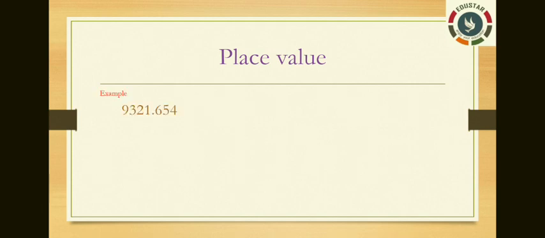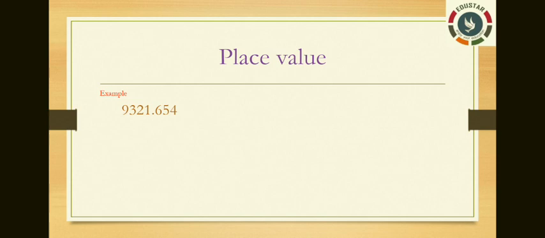Look at this example. 9321 is the whole part number. 654 is the decimal part number. The whole part has place values ones, tens, hundreds and so on. The decimal part has place values tenths, hundredths, thousandths and so on.